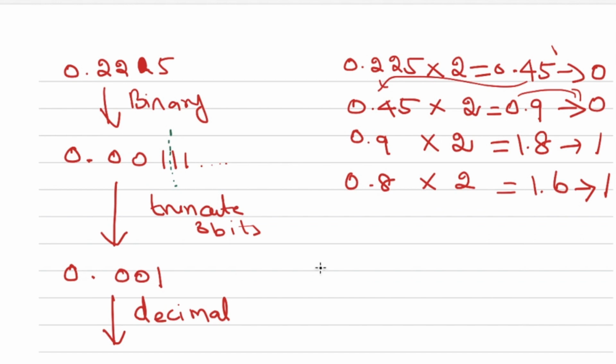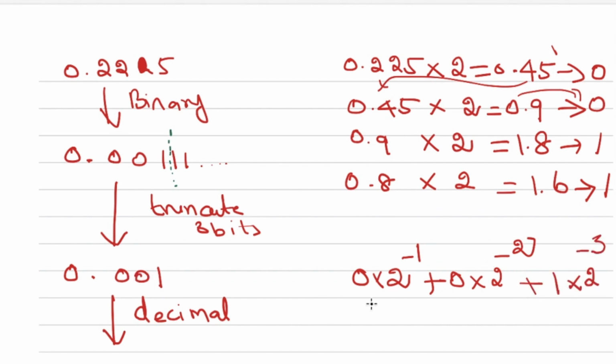The first digit 0 into 2 power minus 1, plus the second 0 into 2 power minus 2, plus the third 1 into 2 power minus 3. 0 into any number is 0, plus 1 divided by 8, that is 0.125.